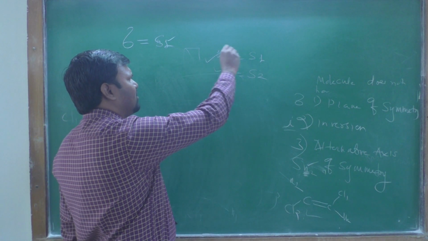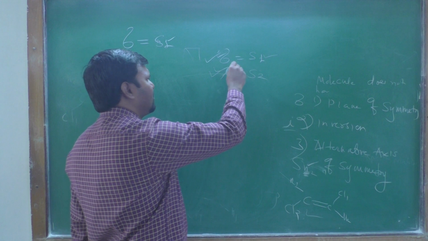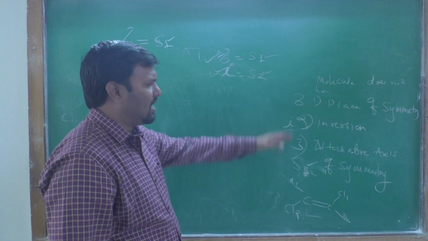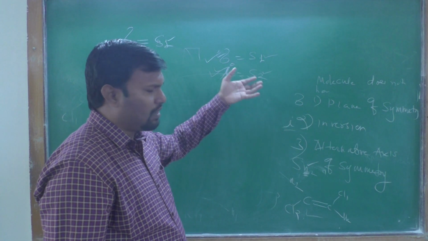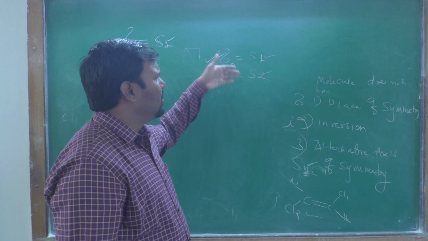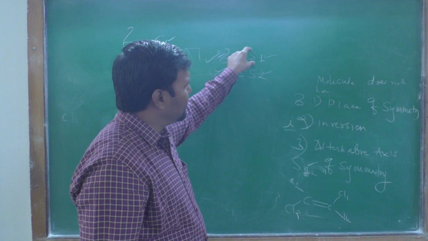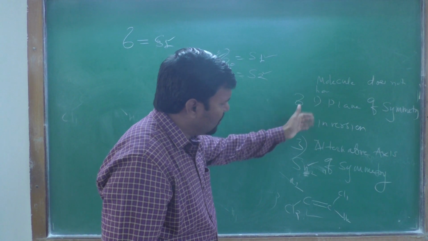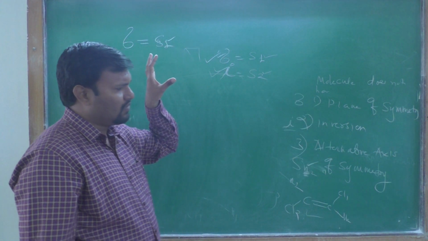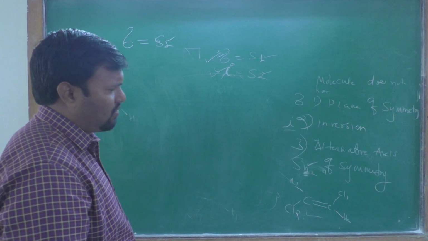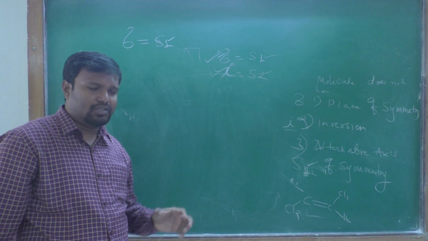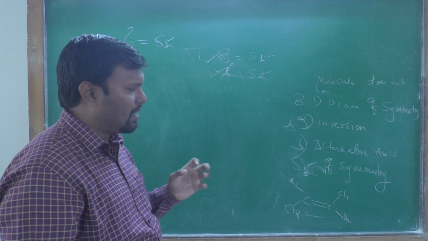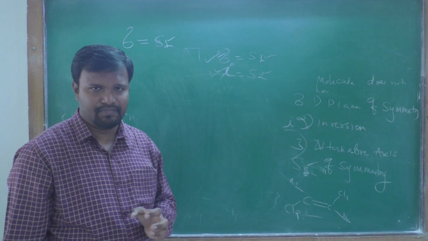Because your plane is nothing but S1 and your inversion is nothing but S2, by using these you can predict the chirality of a molecule. All these things become equal to this. Therefore, only by using an alternating axis of symmetry, you can predict chirality in a molecule.